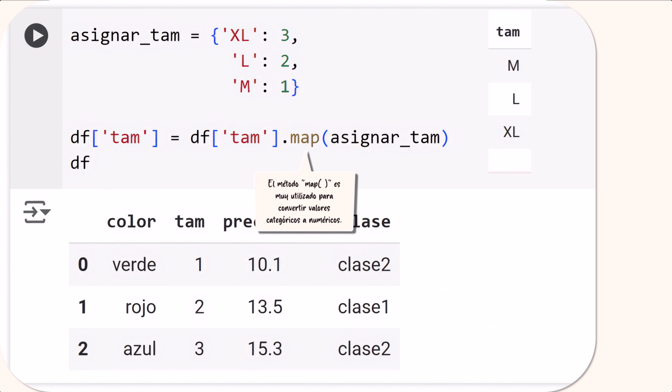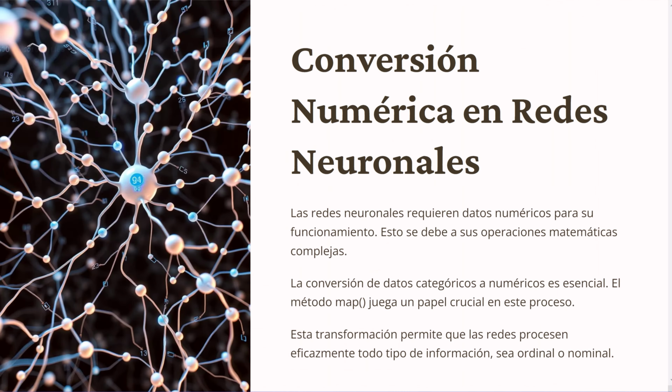This map method is widely used to convert categorical data into numerical data, making analysis easier in machine learning models. Remember, by now it should be clear that in machine learning, especially with neural networks, it's crucial that all input data be numerical.